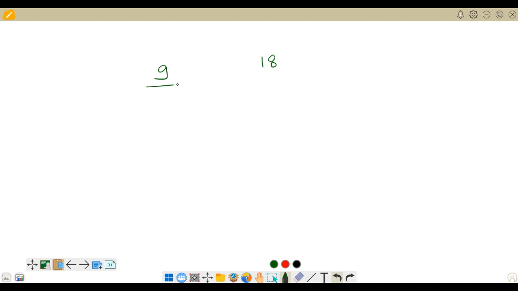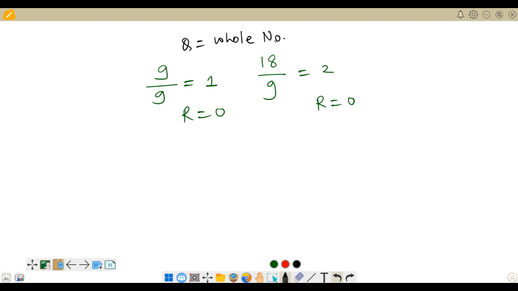You can divide 9 by 9 and 18 by 9, which gives a quotient of 1 here and a quotient of 2 here, with 0 remainder in both. Make sure the quotients are natural numbers.